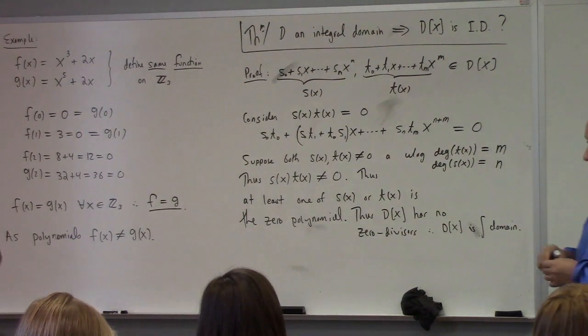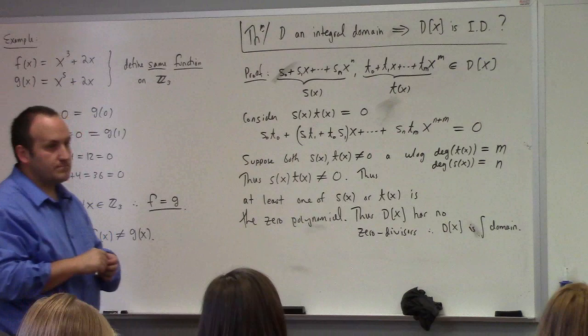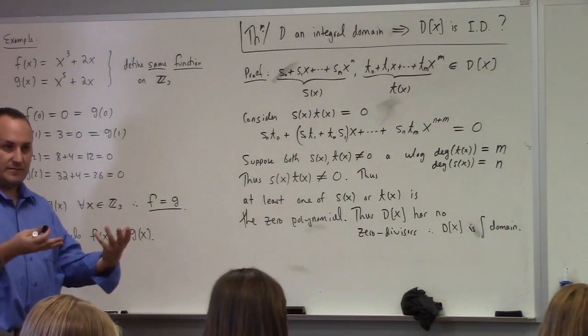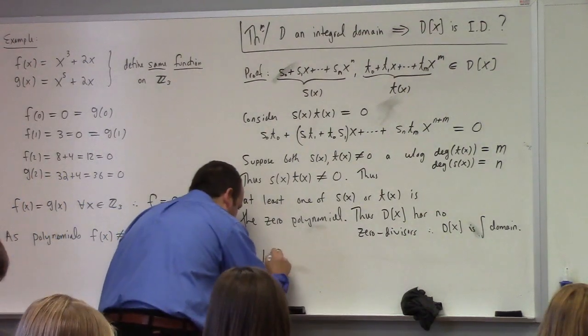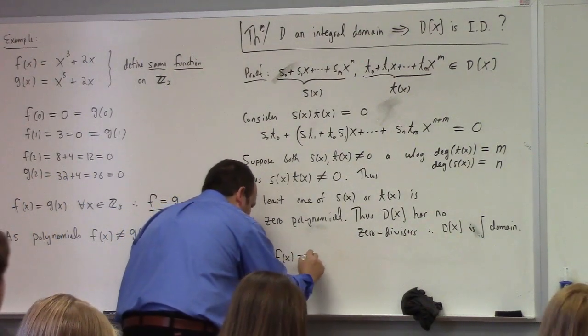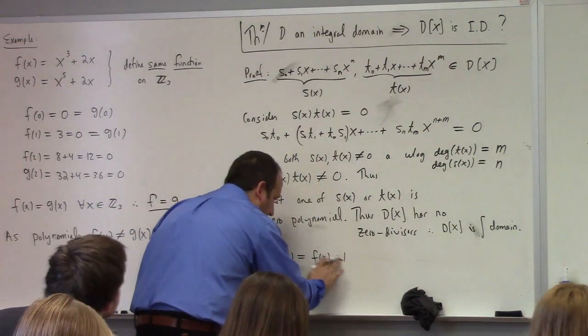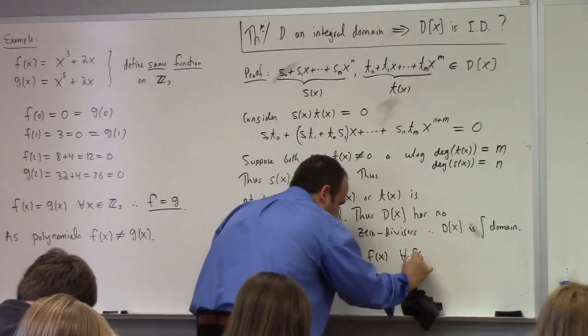Is there an identity in the polynomial ring? Yes. The constant polynomial, just 1, serves as the identity, right? 1 times f of x is equal to f of x times 1, and that's just equal to f of x for all f of x in d of x.